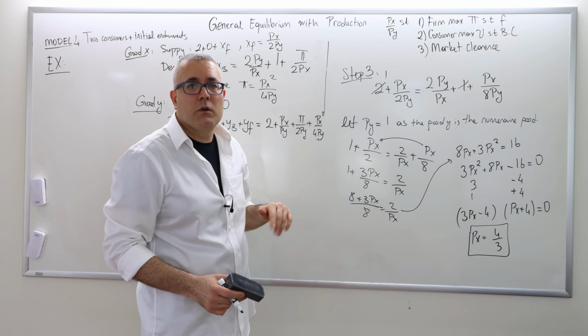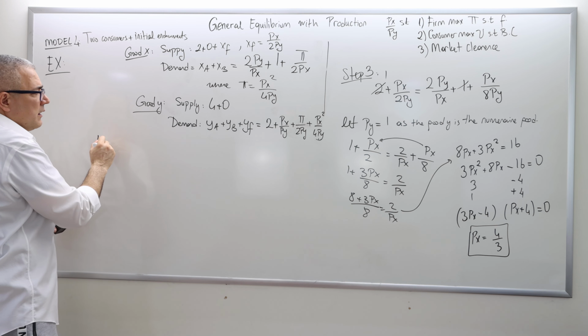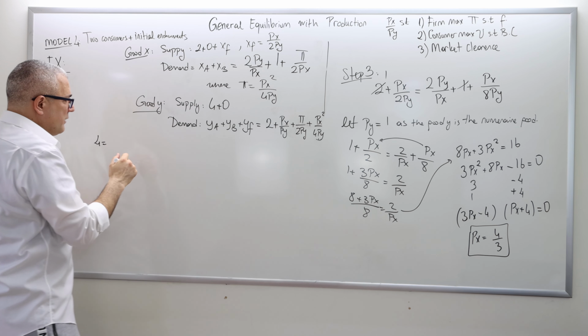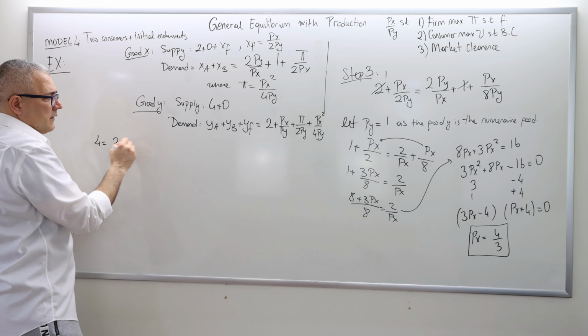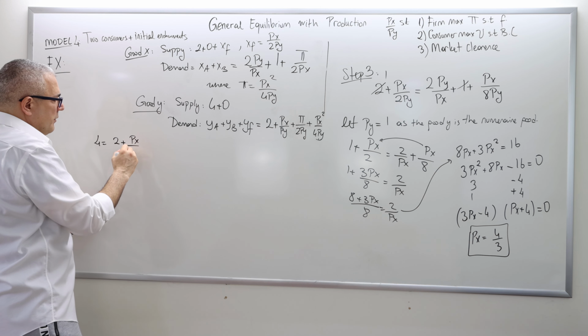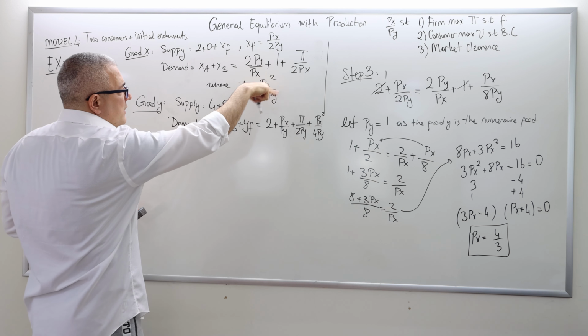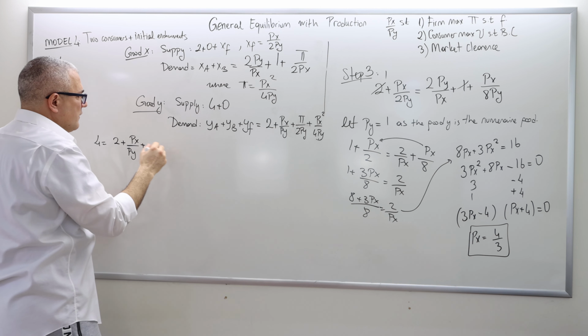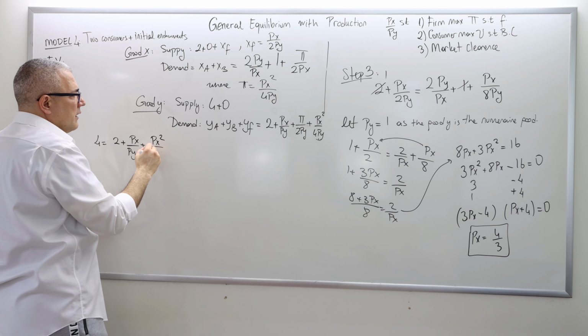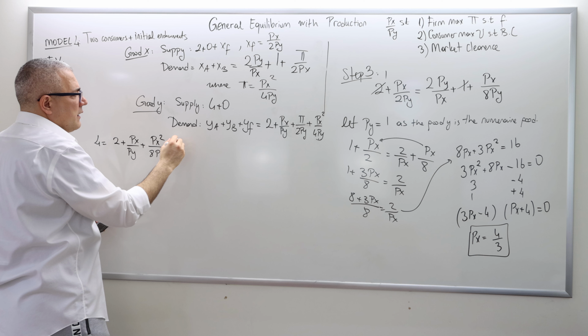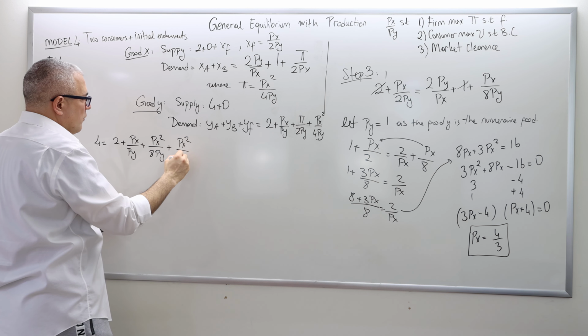Well, let's try. So the supply here is 4. The demand here is a bit more complicated. It's 2 plus PX over PY plus pi divided by, so this thing divided by 2PY. So it's going to be PX squared divided by 8PY plus PX squared divided by 4PY.